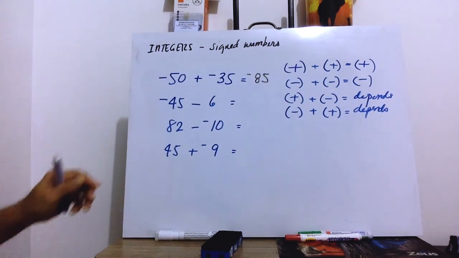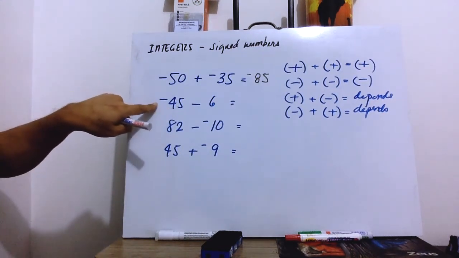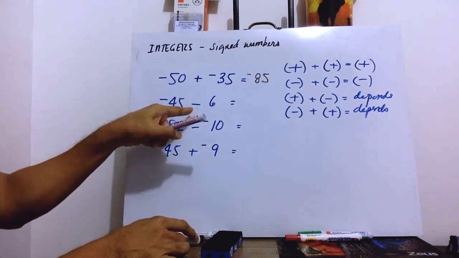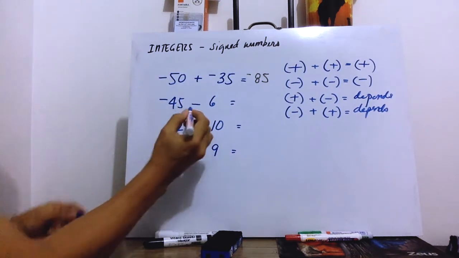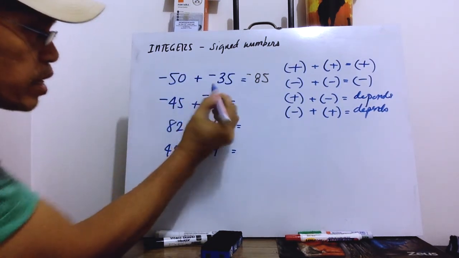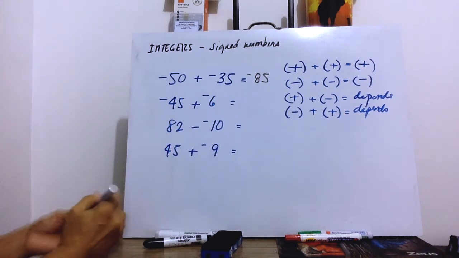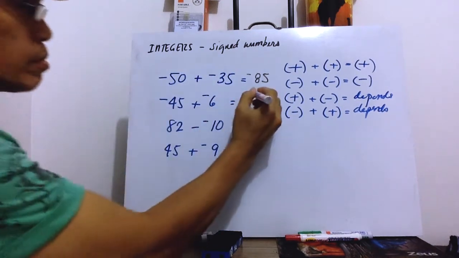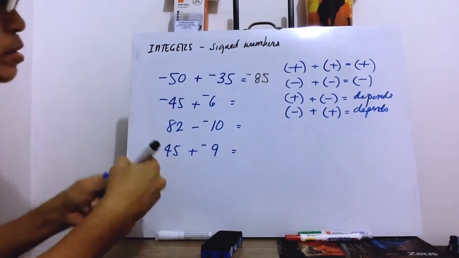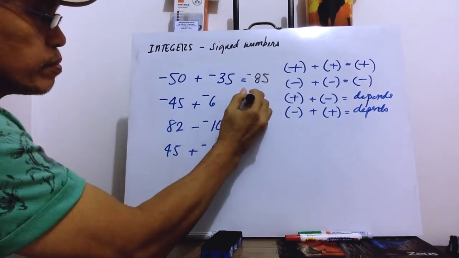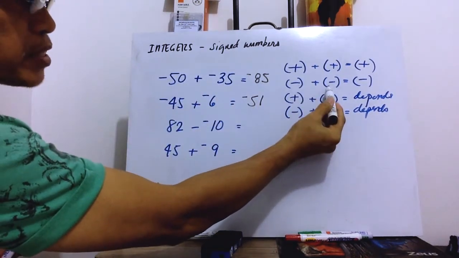Look at this. Negative 45 minus 6. It's minus, so we can change this to plus, but change the sign of the next integer. So it's like adding two negative numbers again. That's 51. Then it's negative. Remember, negative plus negative is negative.